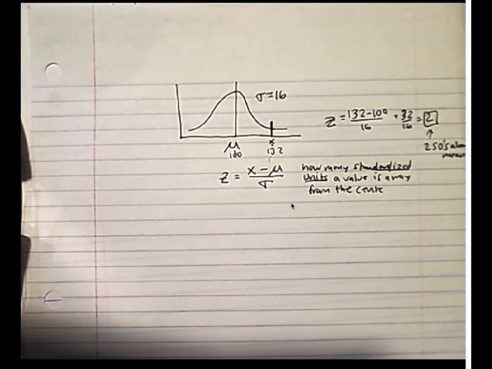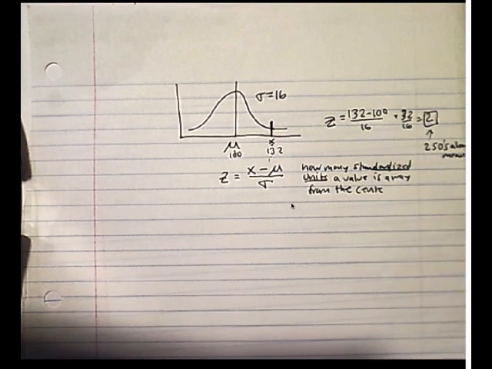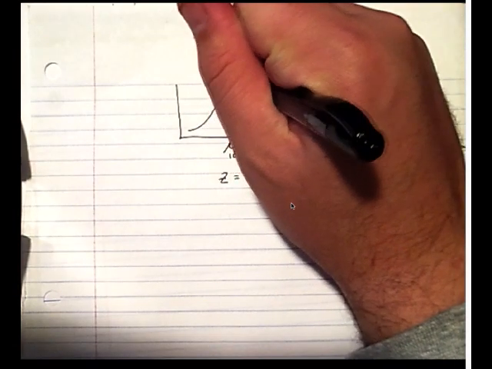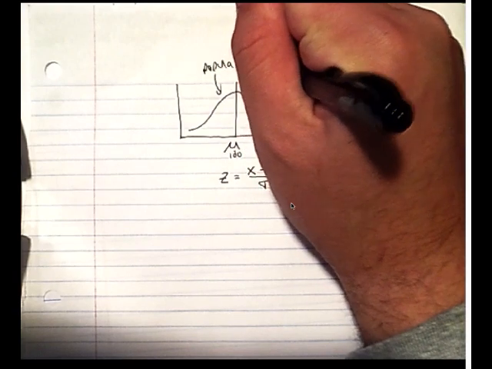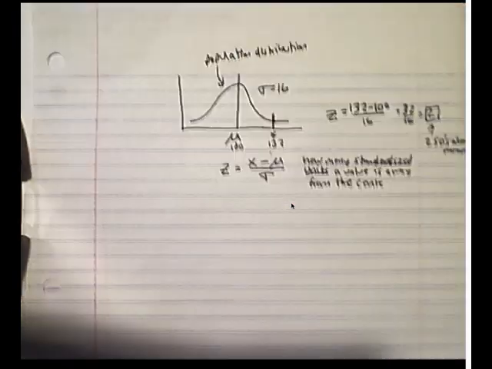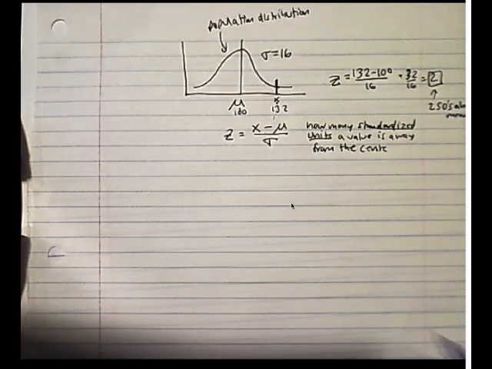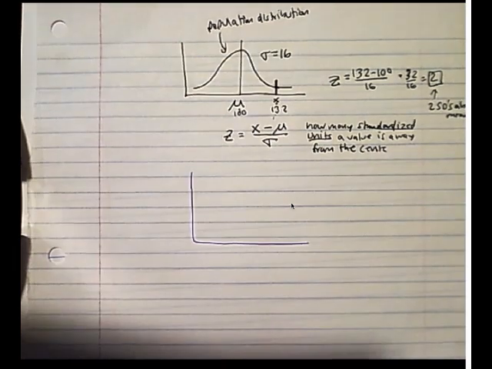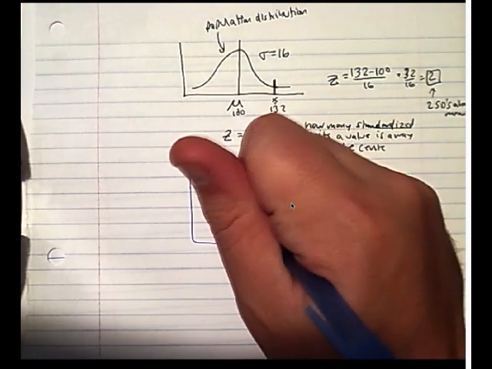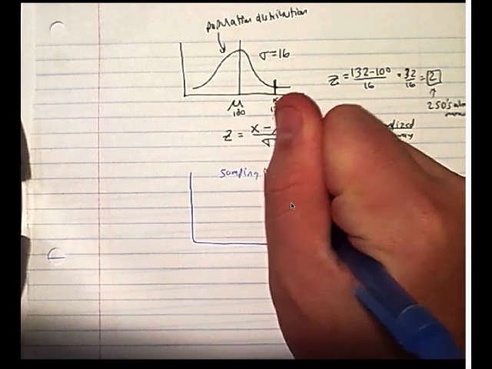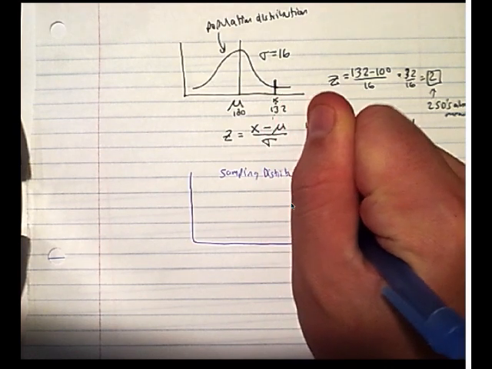Well, this was in a population distribution. Now let's put it in the context of a sampling distribution, and it's easier to illustrate with means.